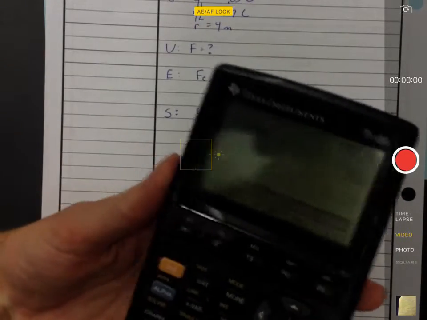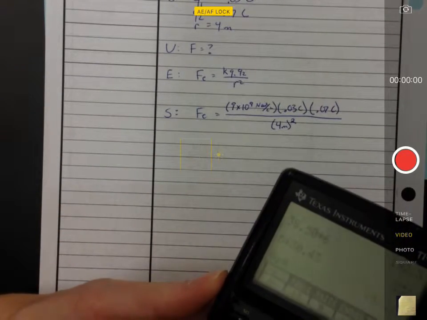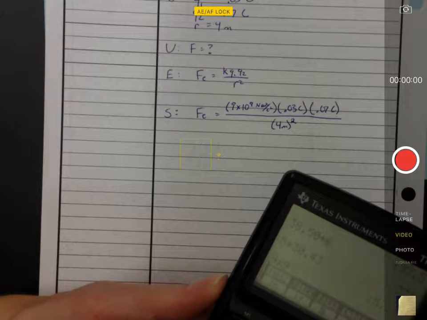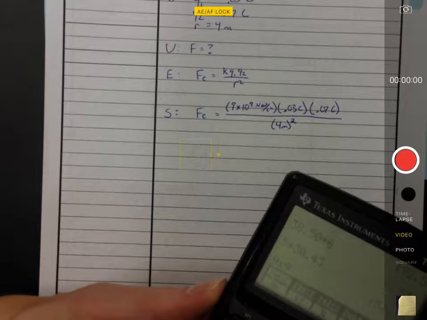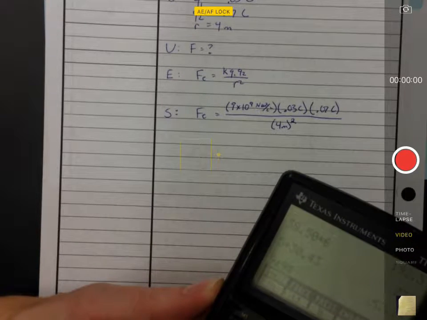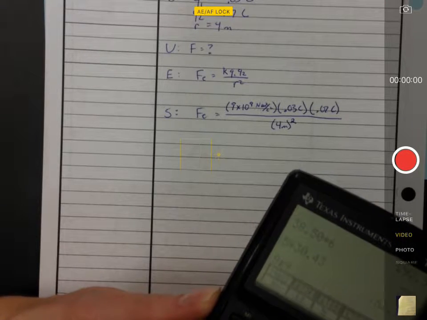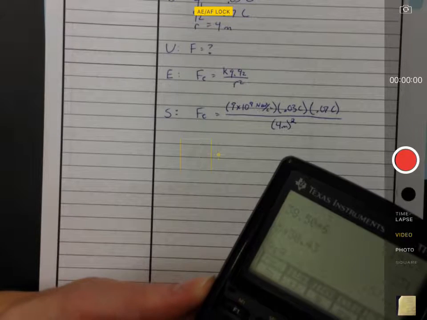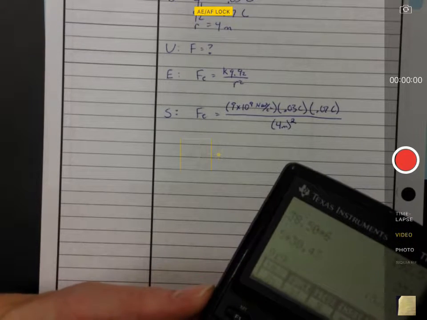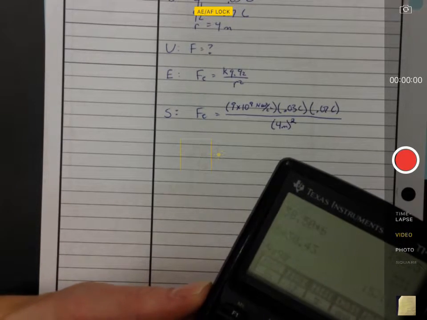All I'm entering here is the number in front of the times 10 and the exponent. 9 is the exponent, so it's 9E9 on my calculator. If you have a scientific calculator, please ask me if you have any questions on how to do this on the calculator that you're using. I'll be happy to help you.